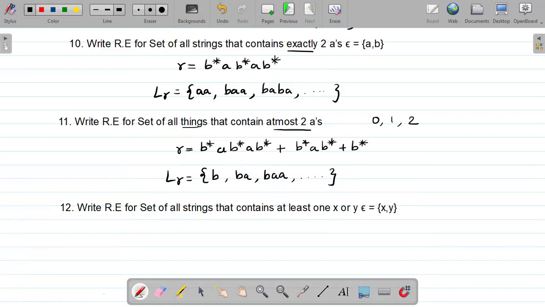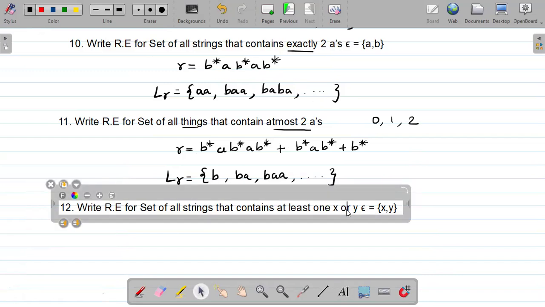Next is the regular expression for the set of all strings that contain at least one X or Y. So either it will have one X. Here there is a change: at least one X and at least one Y. Sorry, it's not X or Y, it is X and Y, just a small change.